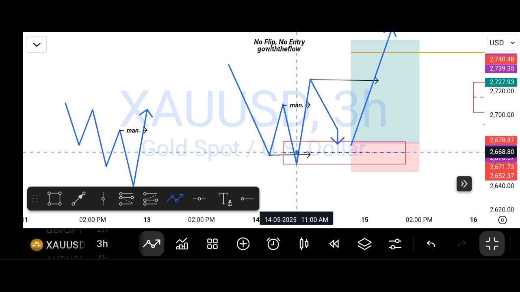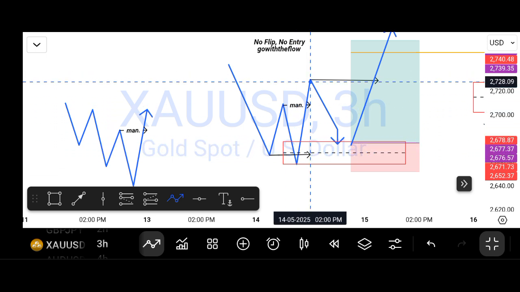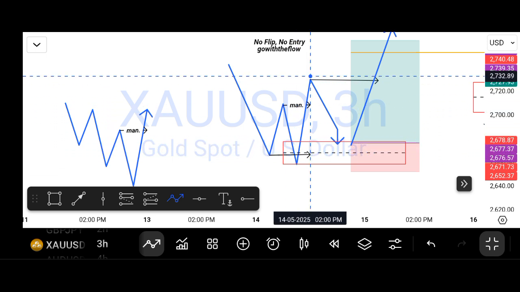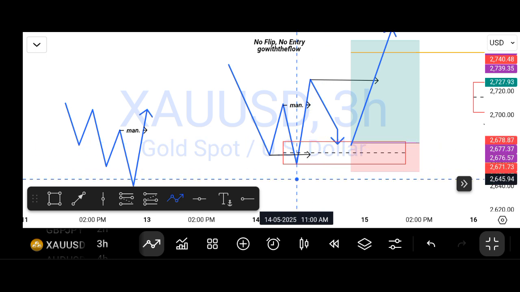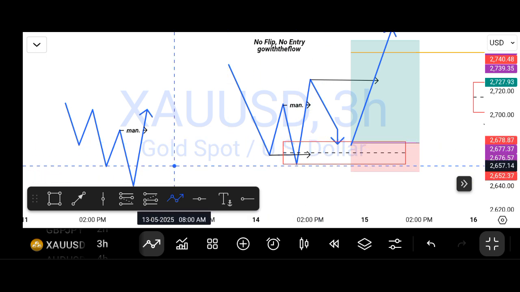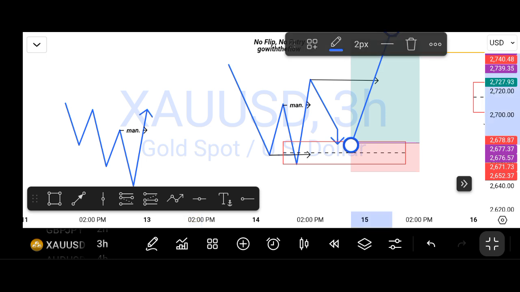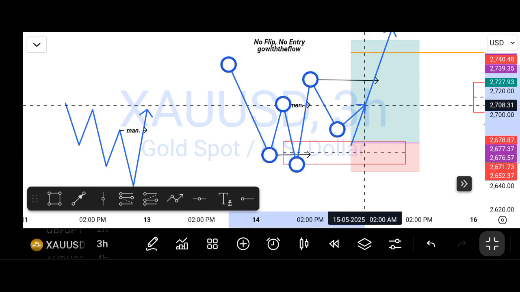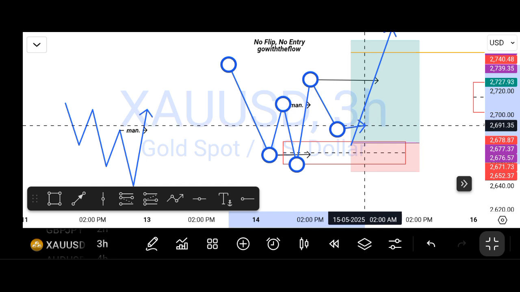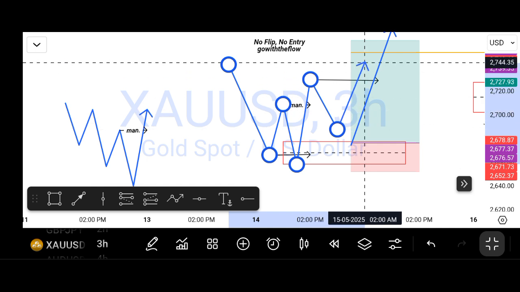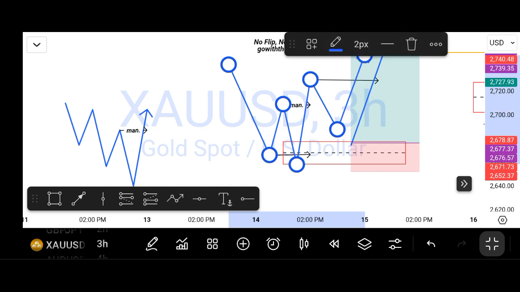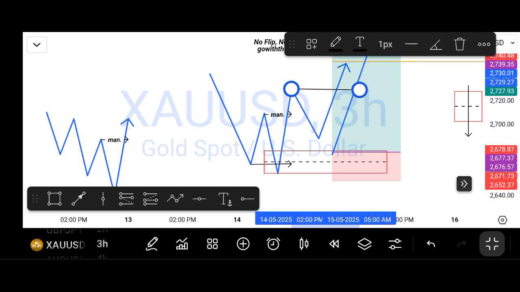Now the next thing we are going to do is to wait for price to give us, after the manipulation, another break of structure.